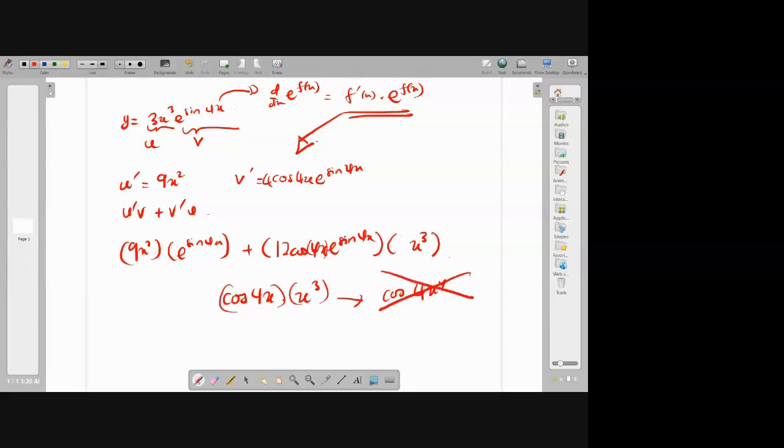This is so wrong. Cosine 4x times x cubed is always equal to x cubed times cosine 4x. We can just move x cubed to the front, but we cannot multiply x cubed into 4x, because it is part of the trigonometric function. You cannot simply go into the trigonometric function.